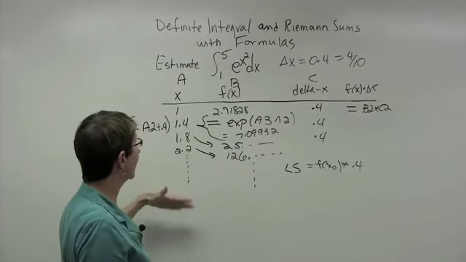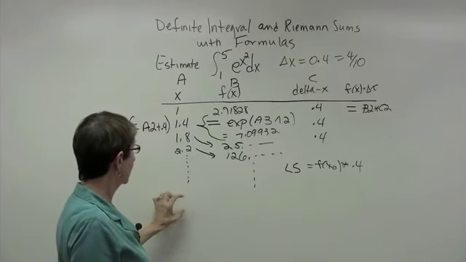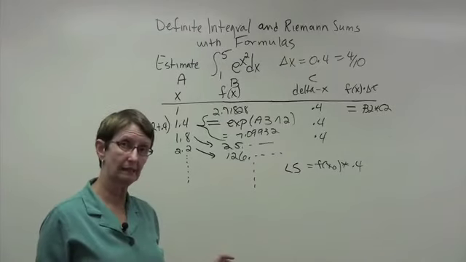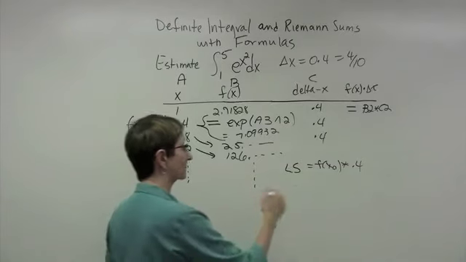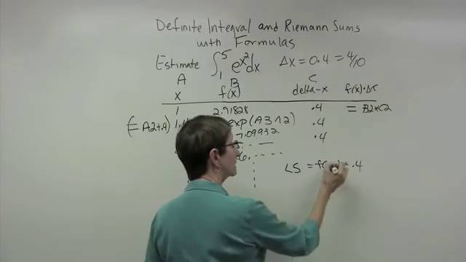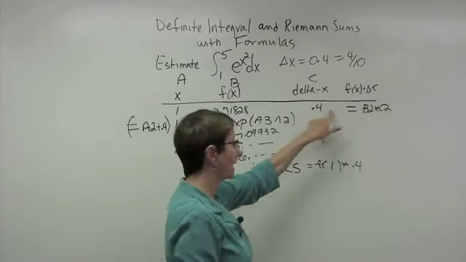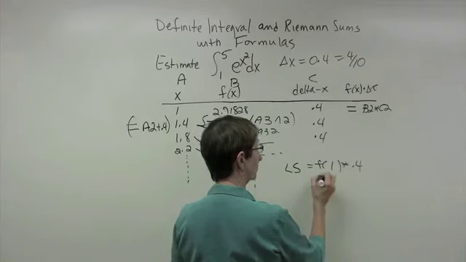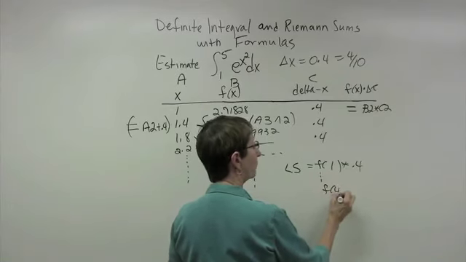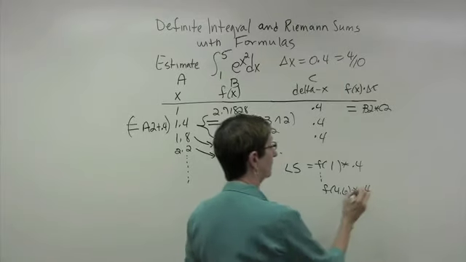And then add up all the others until you get to the next to the last. Now, the next to the last one here would be not 5, but 4.6. So it would be the next to the last value. I'd start with f of 1 times 0.4, and I'd go down to f of 4.6 times 0.4.